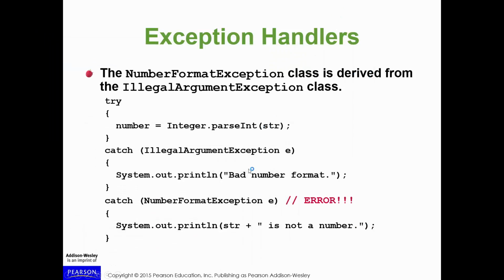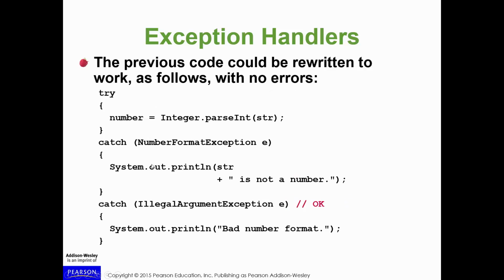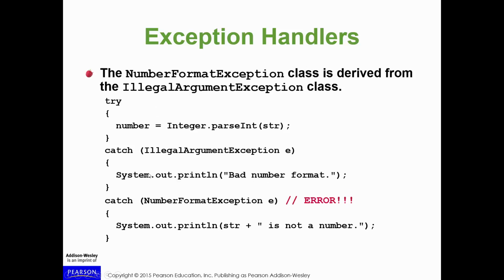It says here the NumberFormatException class is derived from the IllegalArgumentException class. So NumberFormatException is more specific than IllegalArgumentException, so this one has to come before this one. Remember, you've got to put your more specific catches before your more general ones. If we flip these two around, it would be okay. But like this, it's not okay.